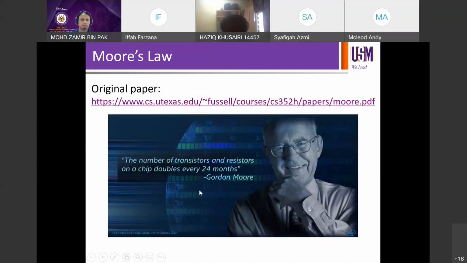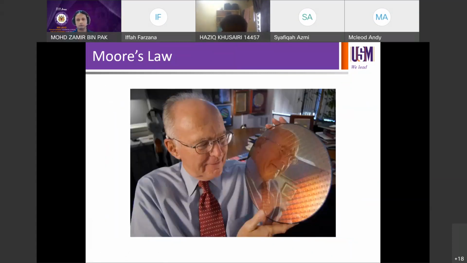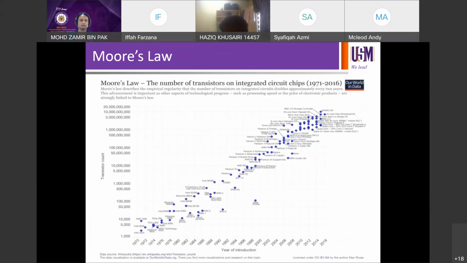So this is Gordon Moore, and you can certainly go and read the PDF of the paper. So the number of transistors and resistors on a chip doubles every two years. So you can see here the number of transistors on the y-axis against the year of introduction on the x-axis, up to 2016.